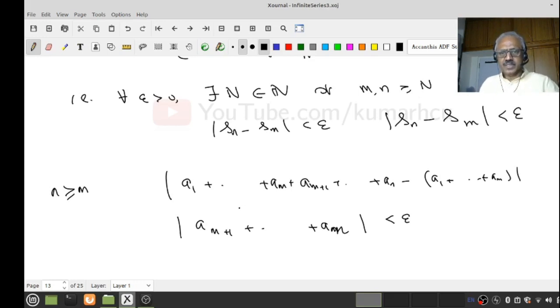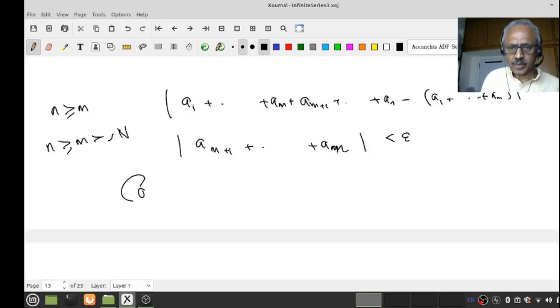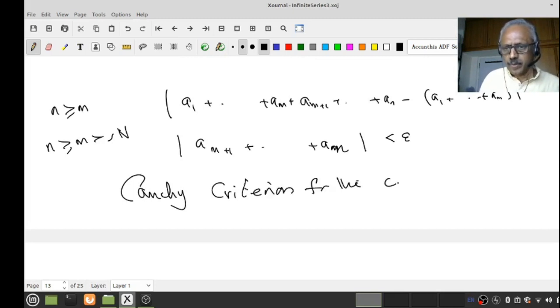But that is the same as saying there exists, for any given epsilon, a capital N, so that for all n and m greater than or equal to N, we have modulus am plus 1 plus am plus 2 plus ... plus an is less than epsilon. This is called the Cauchy criterion for the convergence of an infinite series.